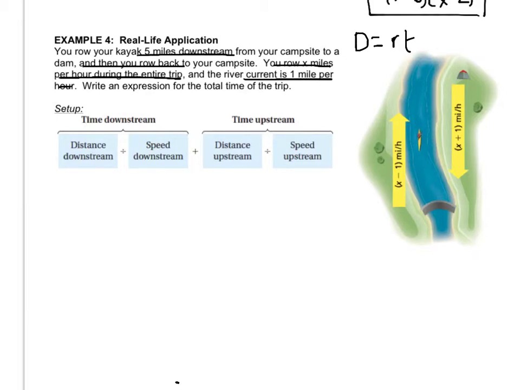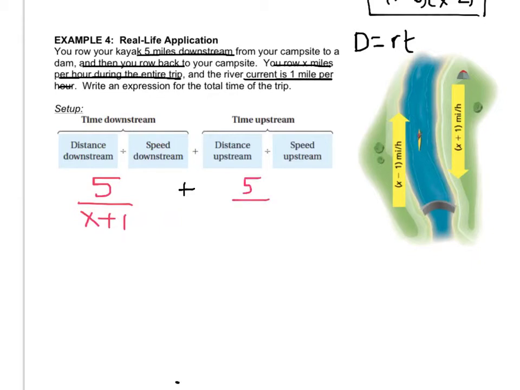Well, the distance downstream is 5, divided by the speed downstream, which is x plus 1. So this whole expression right here is the fraction 5 divided by x plus 1. Distance divided by speed gives me time. Plus the distance upstream, well, if it's down 5, then it's also up 5.